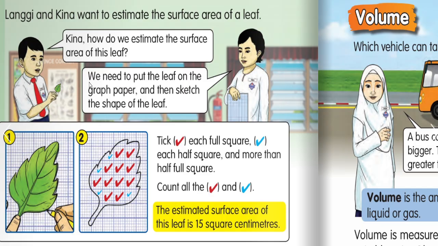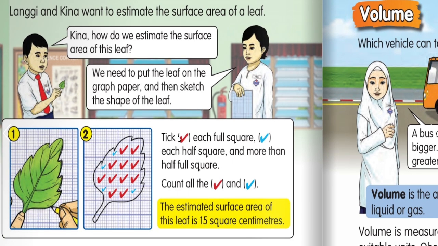We put the leaf on graph paper and sketch its shape. We take one whole square as 1 square centimeter. If you see there are 15 squares, then the area would be 15 square centimeter.